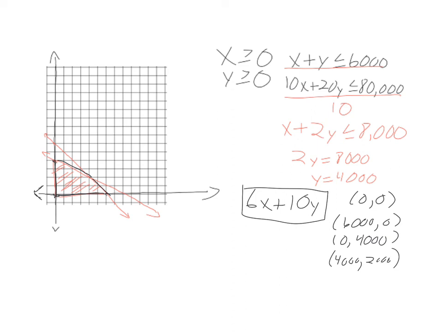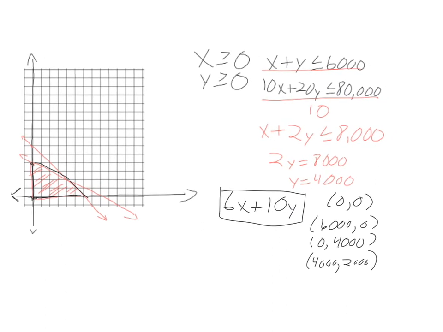Now ordinarily I would go into a big long thing about solving those two inequalities, but this video is already getting long. If you check those, you will see that those actually do satisfy both those inequalities. So what we would do is test each of these ordered pairs in 6x plus 10y and see what they equal.